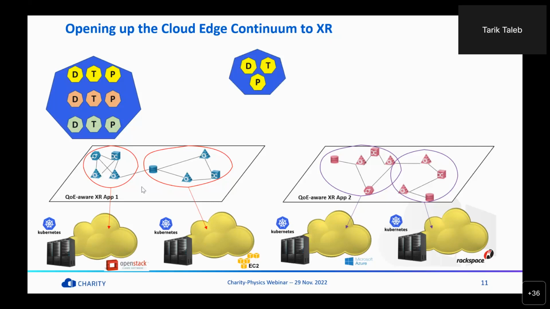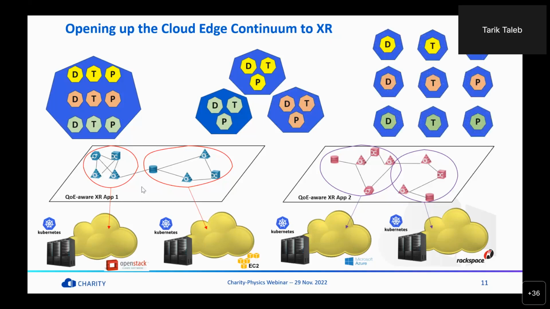Another option that we've been considering is basically to create a cluster which is dedicated to one particular application, with all of its DevOps features. So we could be having multiple clusters, and each cluster is dedicated to an XR application. Or we could go even further and create several Kubernetes clusters, and each cluster is actually for either the development or the testing or the production part of that application.